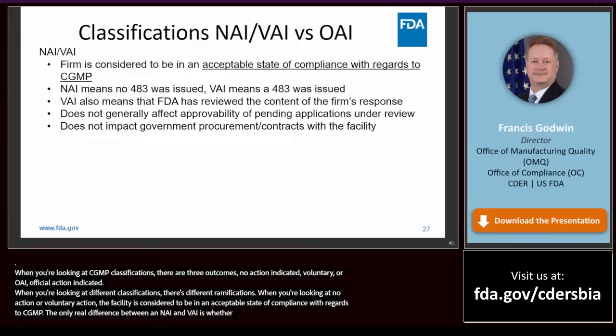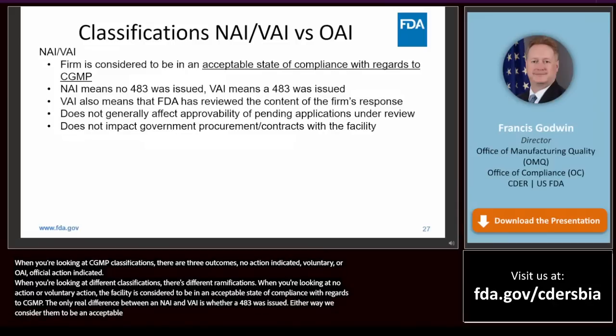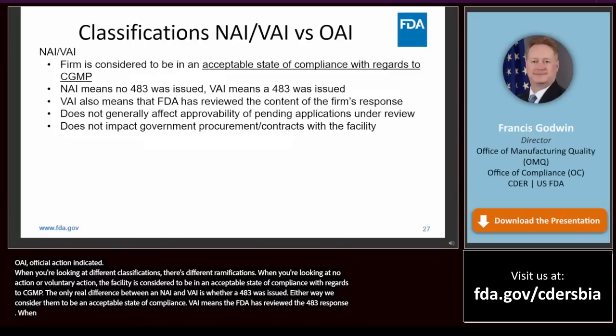Either way, we consider them to be an acceptable state of compliance. A VAI also means that FDA has reviewed the firm's 483 response as part of our classification. And when a firm is classified as NAI or VAI, it does not generally affect the approvability of any pending applications that are under review, and it shouldn't impact any government procurement or contracts with the facility.